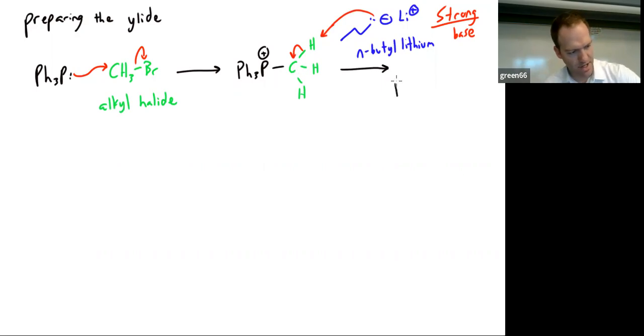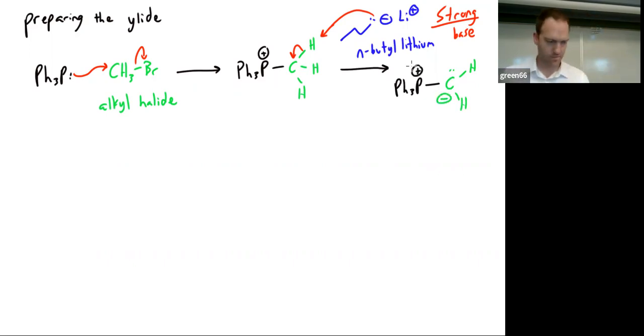So that ends up giving us our ylide, the negative charge here. Now, again, we don't draw the ylide that way. It's preferred to show the ylide as its resonance form.